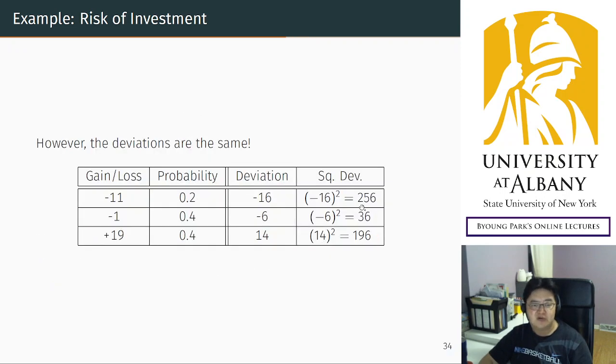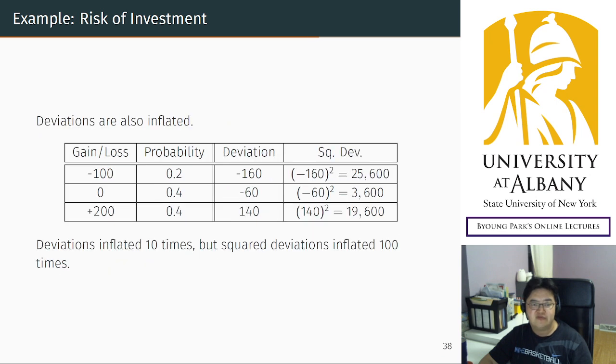Remember, minus 16, minus 6, plus 14, 256, 36, 196, right? Now, move to this example. Here, deviations have an additional zero, but square deviations have two more zeros compared to the previous example. So there are two more zeros.